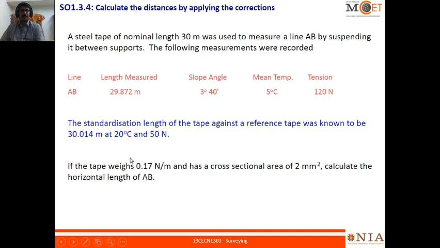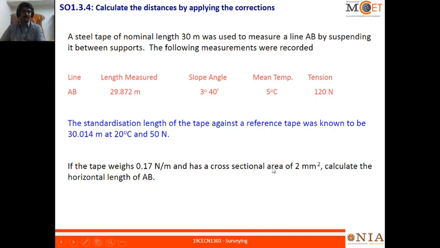In this problem all the errors are there, right? In some problems a minimum number of errors will be there, either 2 errors or only 1 error. Based on our understanding, you have to apply which error is to be corrected and calculate the actual length. For your understanding, this problem consists of all the errors.